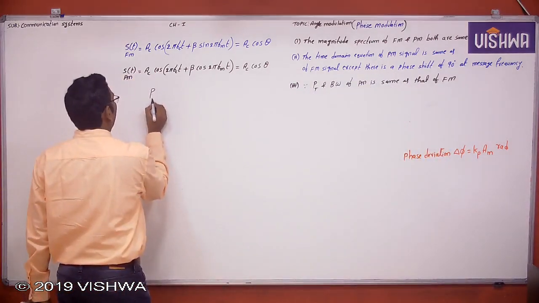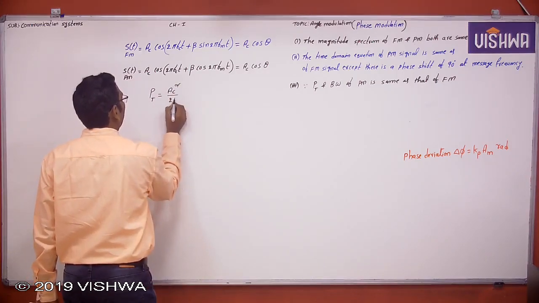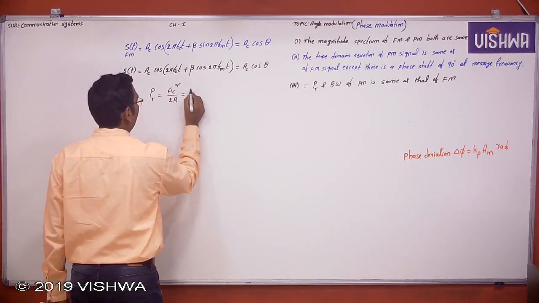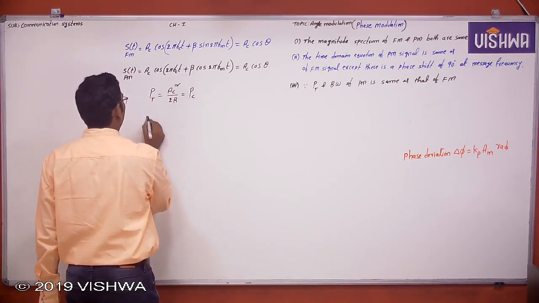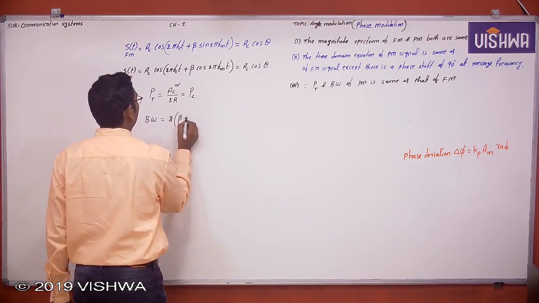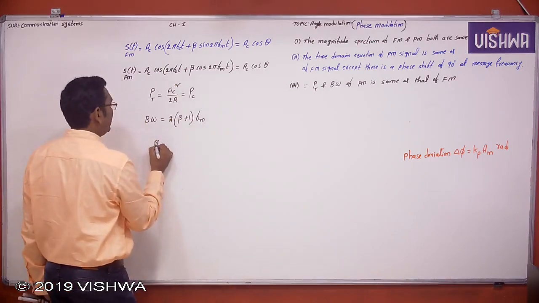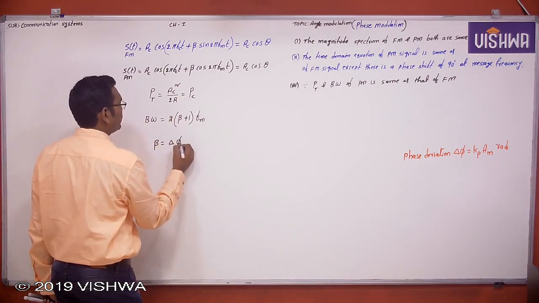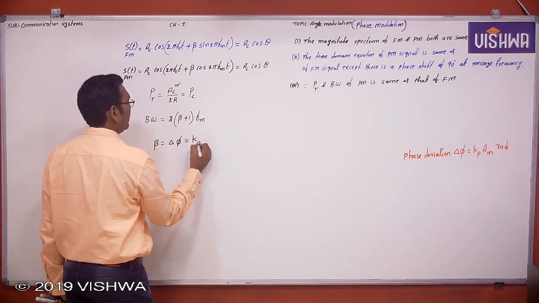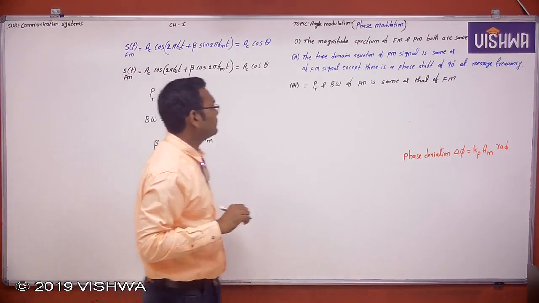The total power required to transmit a PM signal is Ac square by 2R, which is the unmodulated carrier power, and the bandwidth is equal to 2 into beta plus 1 into fm, where beta is the phase deviation, equal to Kp into Am. Okay, note down.